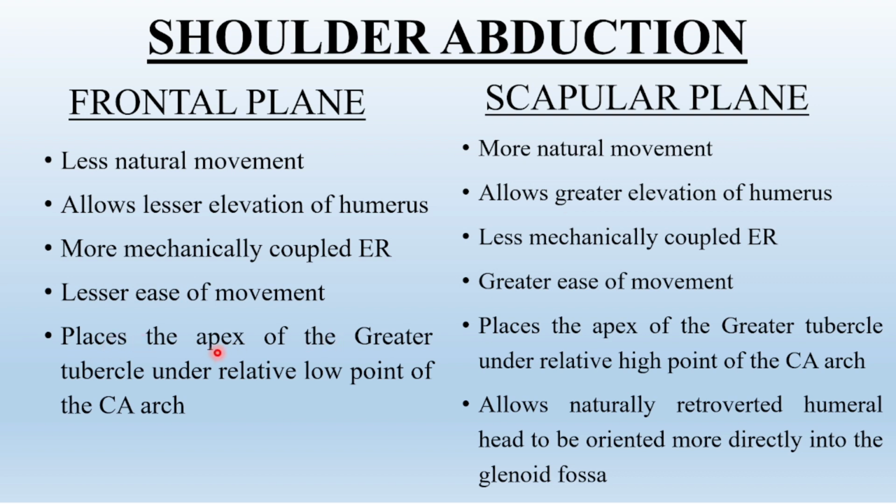The frontal plane places the apex of the greater tubercle under a relatively low point of the coracoacromial arch, which may lead to impingement syndrome, whereas the scapular plane places it under a relatively high point, which reduces the chance of impingement. And the scapular plane allows a naturally retroverted humeral head to be oriented more directly into the glenoid fossa. So these are the differences between frontal plane abduction and scapular plane abduction.